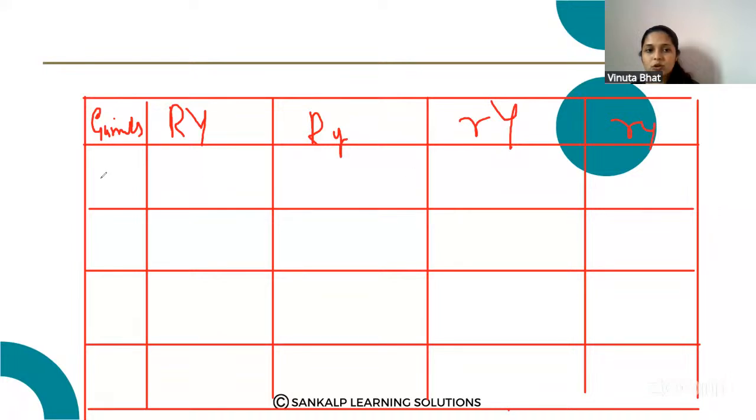And in this row also you should write the gametes: capital R capital Y, capital R small y, small r capital Y, small r small y. Now just add these when the gametes are fused.